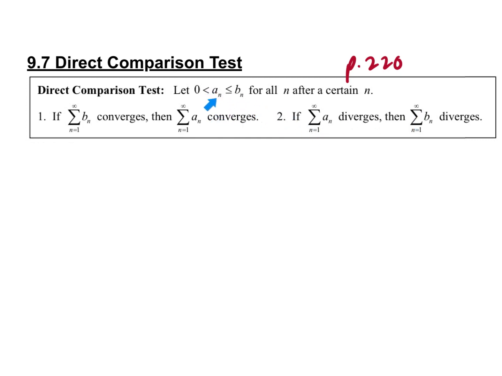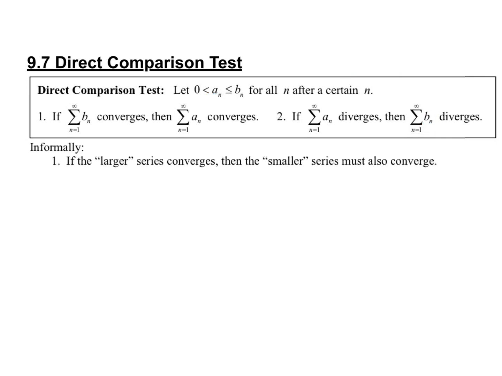Divergence can be tested if the opposite. If the smaller one diverges, then the bigger one diverges. And so that's kind of the way to think about it, right? If the larger series converges, then everything below it must also converge, okay? And at the same time, if a smaller series diverges, everything above it, bigger than it, must diverge.